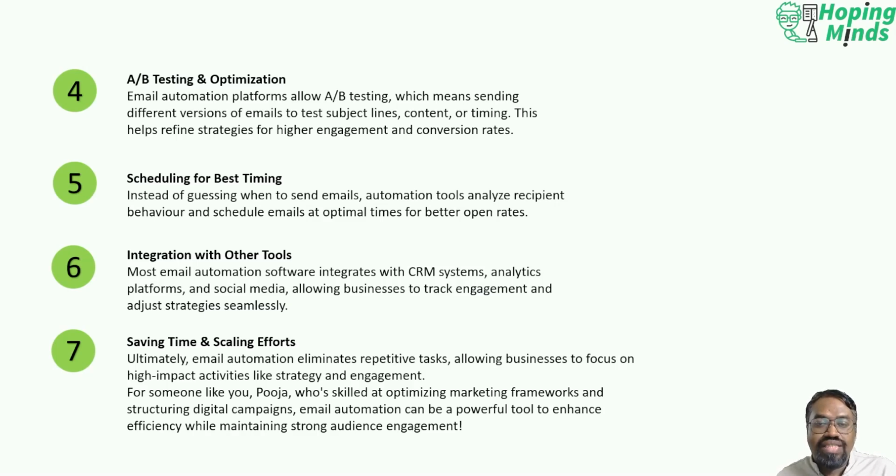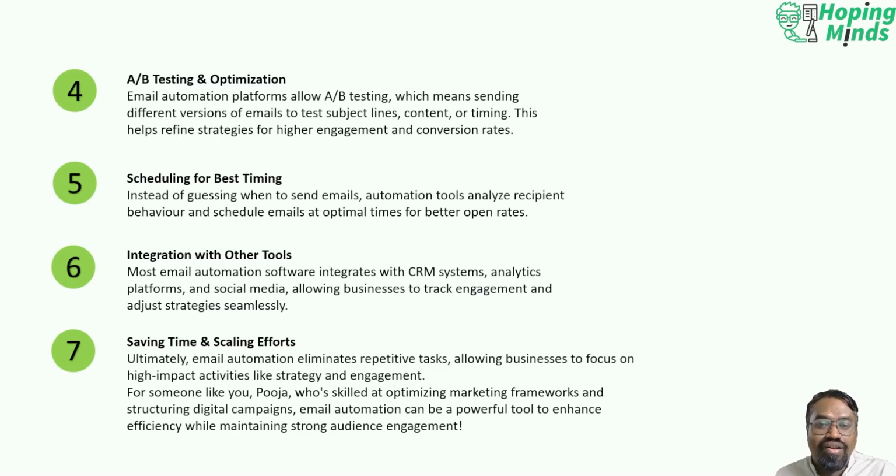Next is saving time and scaling efforts. Ultimately, email automation eliminates all the repetitive tasks, allowing businesses to focus more on high impact activities like strategies and engagement. For someone like you, Pooja, who is skilled at optimizing marketing frameworks and structuring digital campaigns, email marketing can be a powerful tool to enhance efficiency while maintaining strong audience engagement, right?